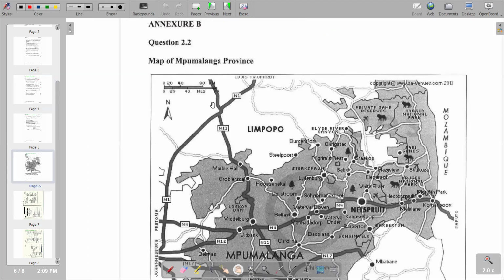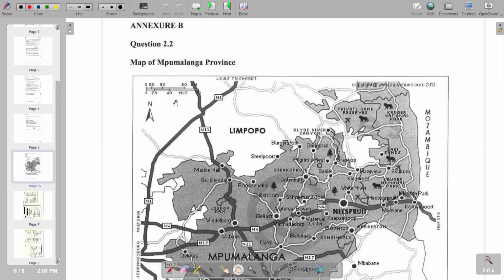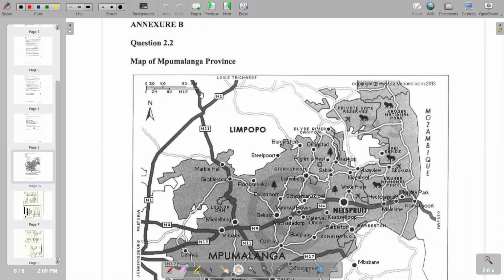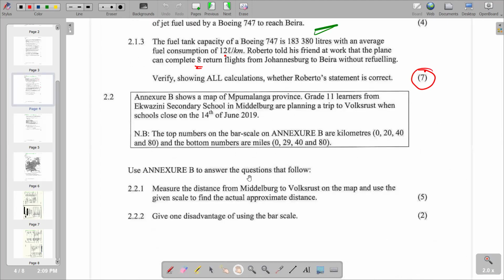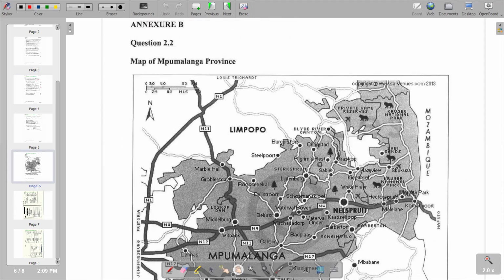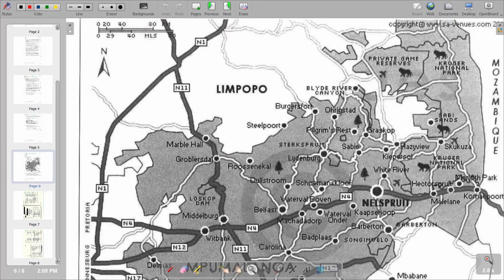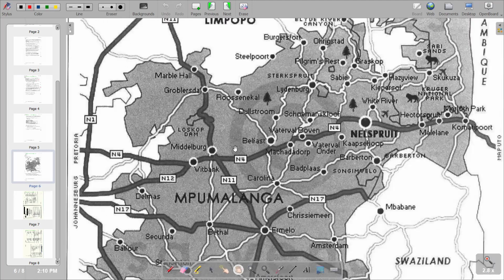So this is going to be our annexure, whereby we've got the map of Mpumalanga province. Of course, the question requires us to measure the distance between Middelburg and Volksrust. So let's try to identify the two places. We see that we've got Middelburg here.